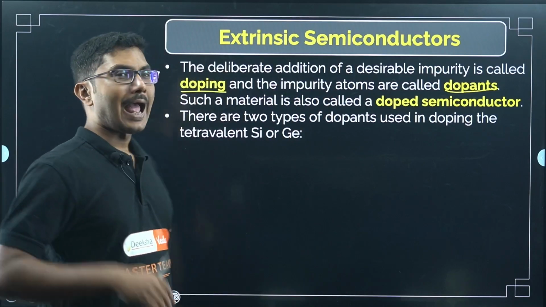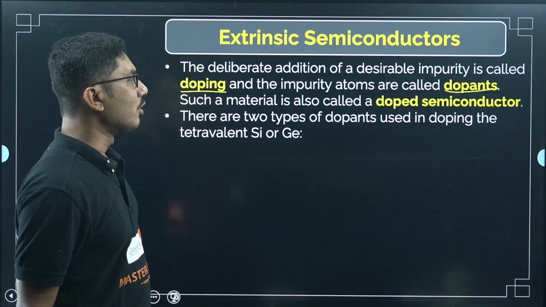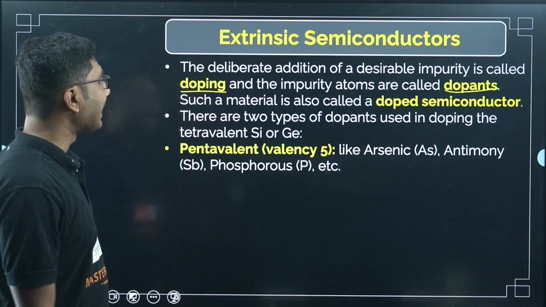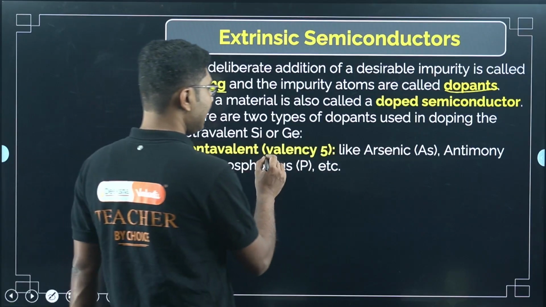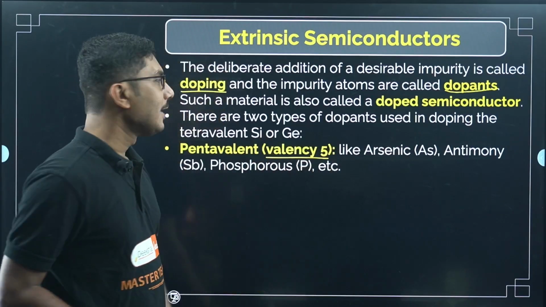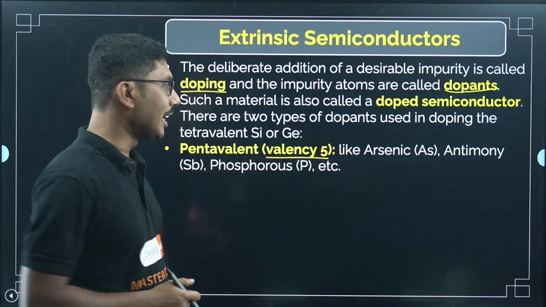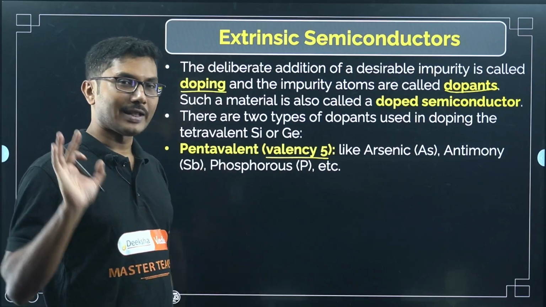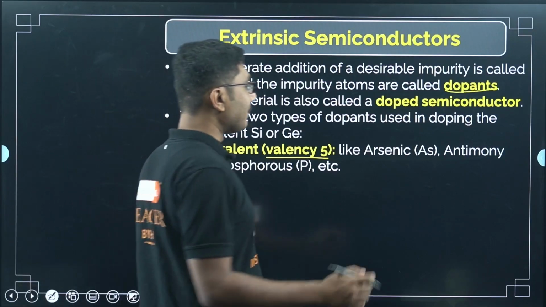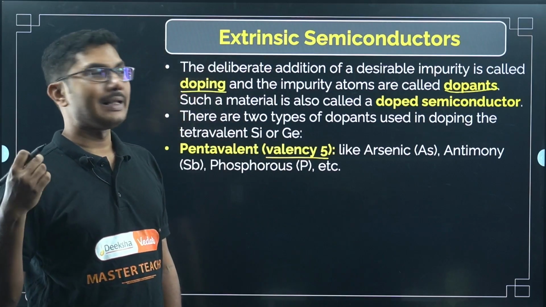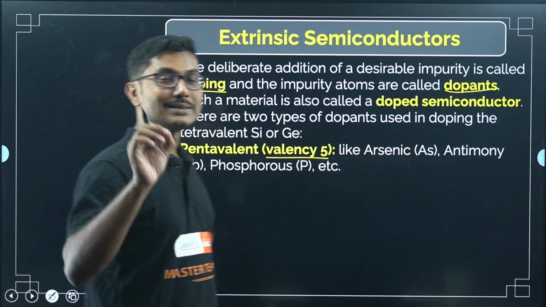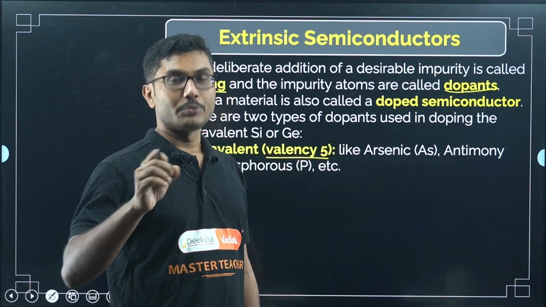So we can add two types of dopants. Let's see what those are. First, pentavalent dopants. Pentavalent dopants have valency 5. Penta means 5, right? Like a pentagon, 5 arms. Similarly, pentavalent means valency 5. What are those materials? You have to remember one or two examples, because in the exam they might ask which type we dope to get a certain material.